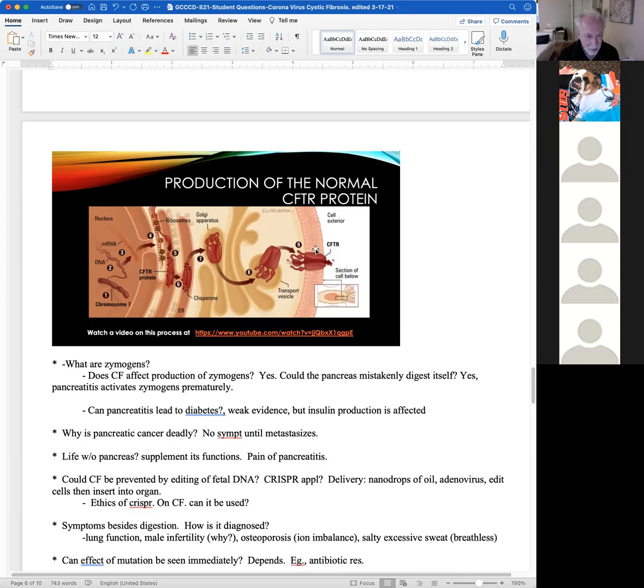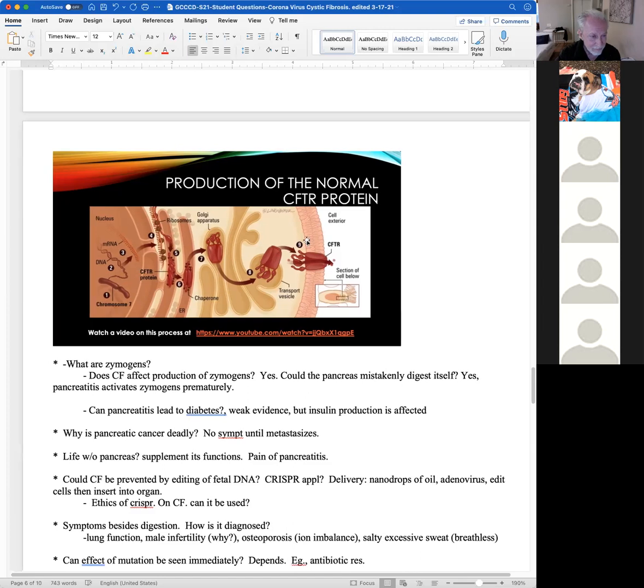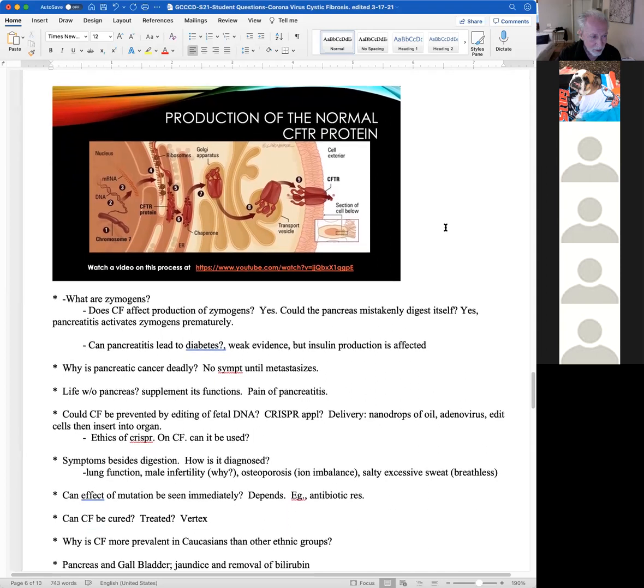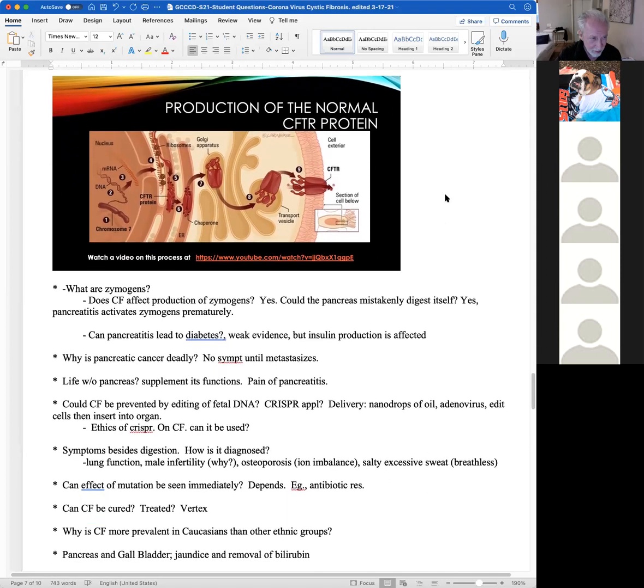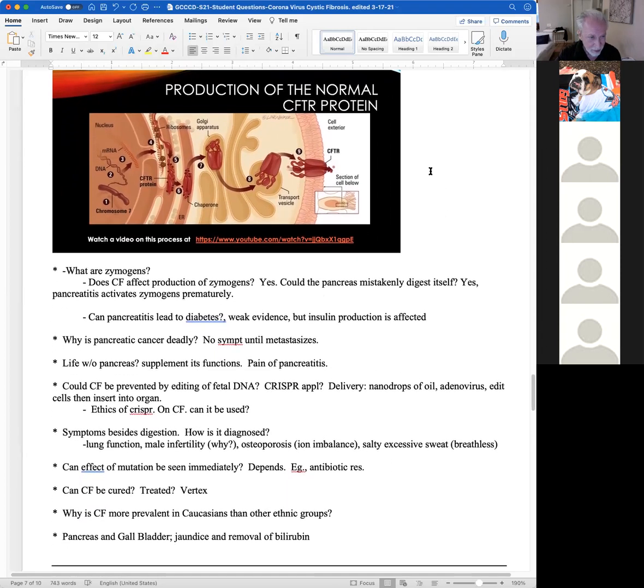So with a reduced or absent chloride transport, you get the symptoms of cystic fibrosis. On your own time, you can look at this picture and assimilate what it means.